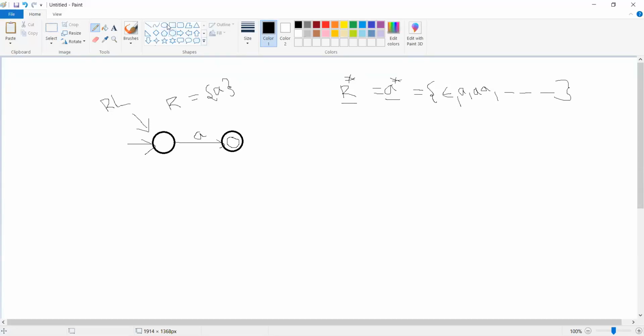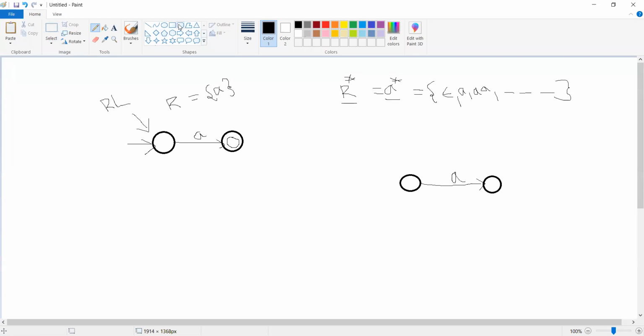Now for that, the idea is very simple. We are going to take the same finite automata which we constructed for this R itself. So same finite automata. Now this will be small a.